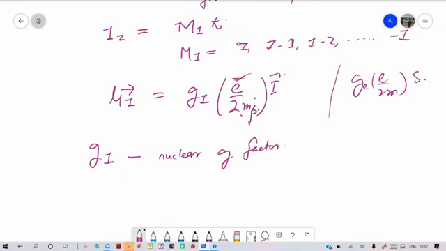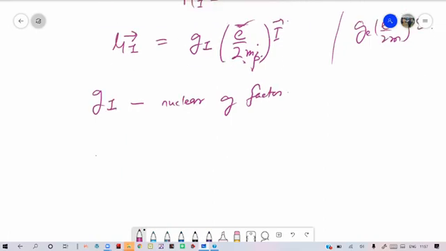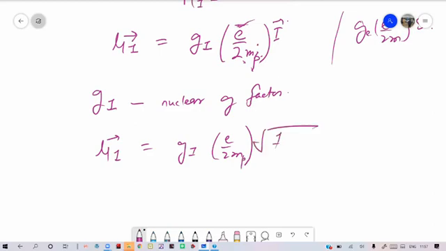g factor. If you want to find the value of this mu_I, it is g_I e by 2 m_p, using this value for this.